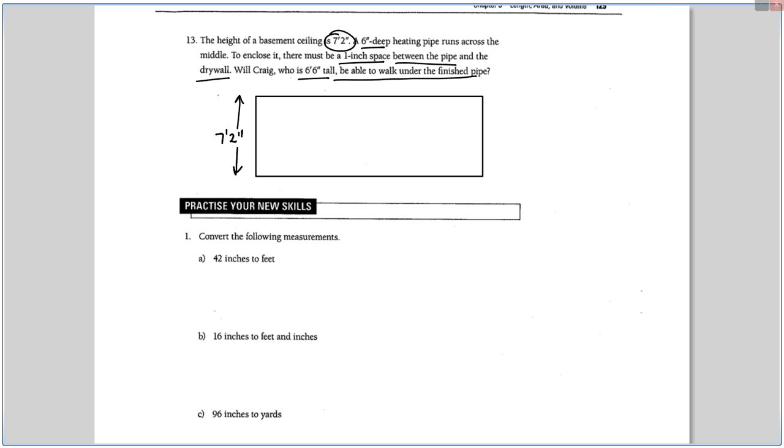And it says that there's a 6-inch deep heating pipe running across the middle. So let's draw that in. There's the pipe running across, and it is 6 inches deep.